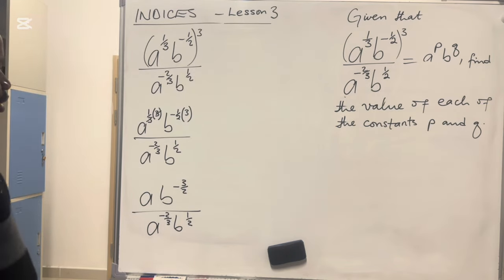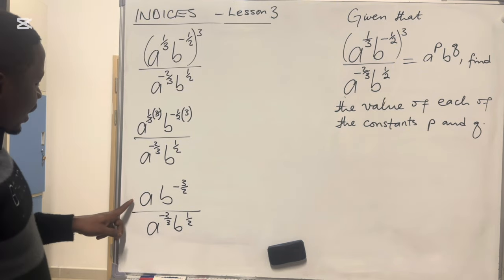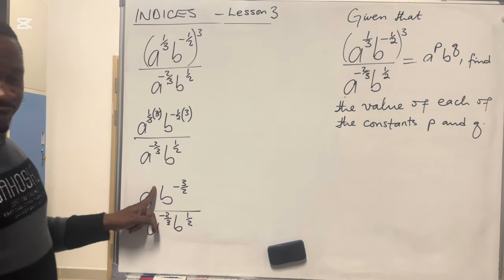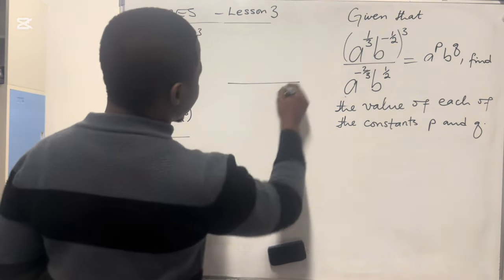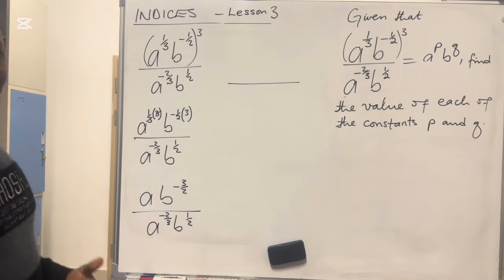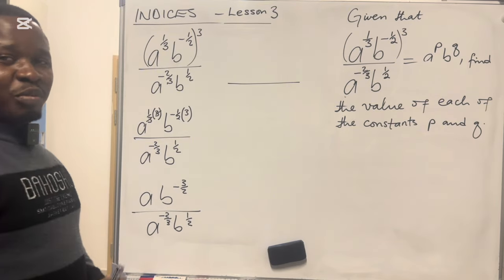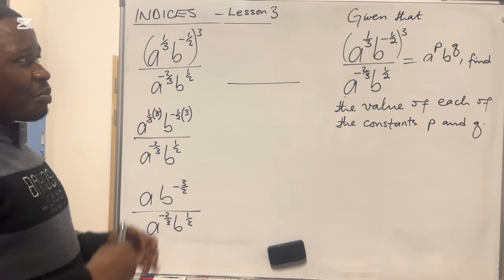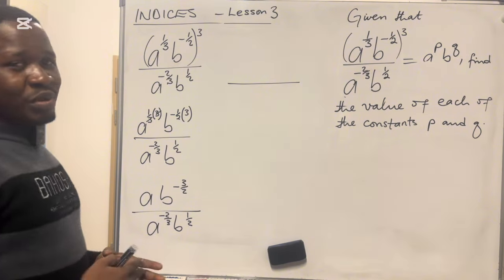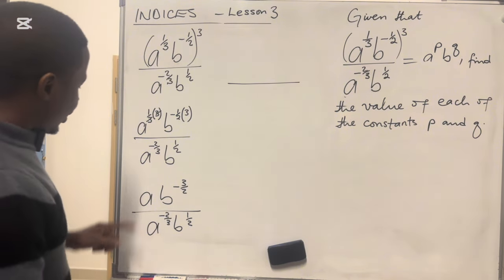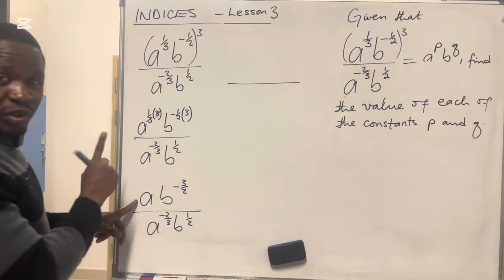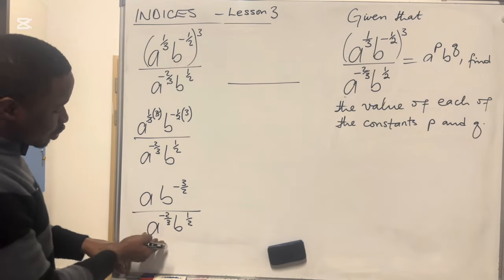Okay. So what we do is, a here has a positive power and here a negative power. So the one with a negative power has to join the one with a positive power, because our primary target in indices is to make sure that the powers are positive, if possible. So a with the power of 1 positive, a with a negative, this one goes to the top.